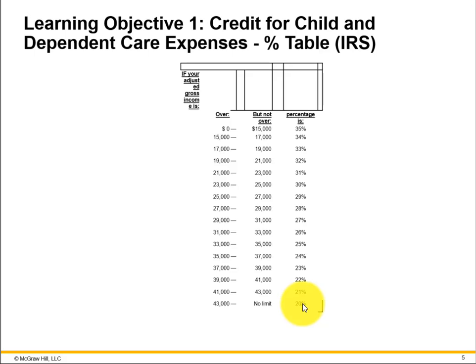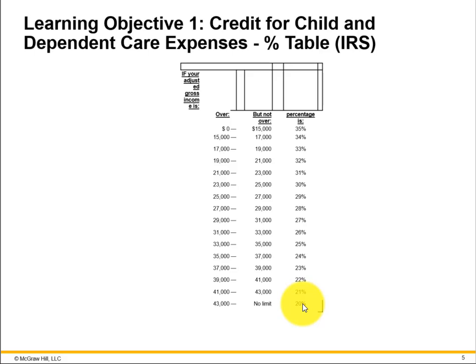The idea is this credit isn't for situations where one of the spouses stays home with the kids. Where this can become fairly difficult is what if one spouse is working full time, but in a business that's just getting started.